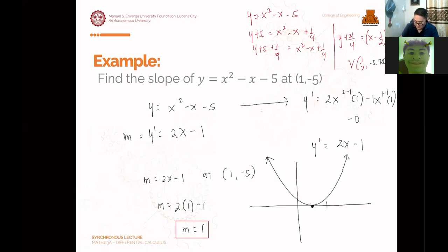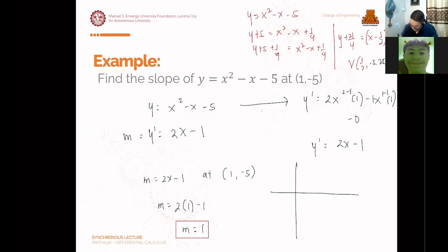Kaya pala hindi nagtatama, no? So, erasing ko to. So, yung graph natin is this one. Ito yung 1, ito yung 1/2. So, 1, 2, 3, 4, 5, 6. So, somewhere dito.